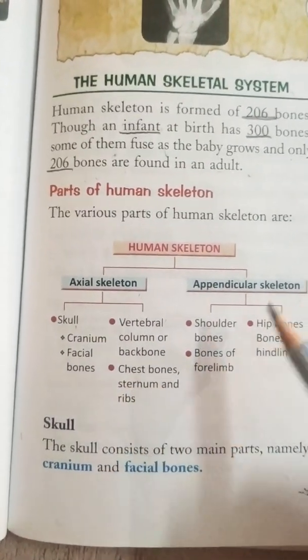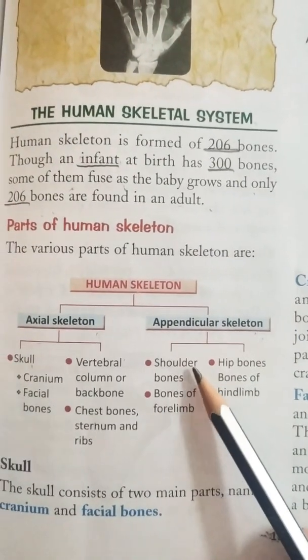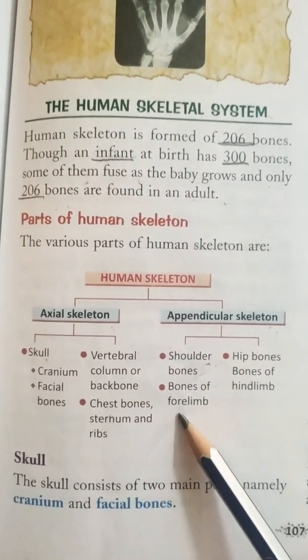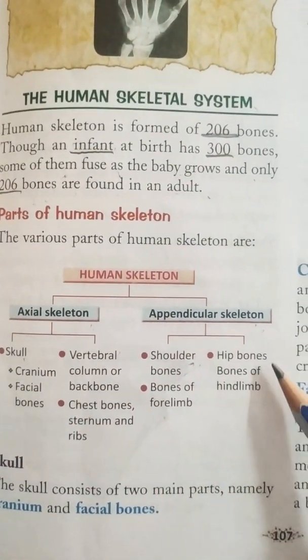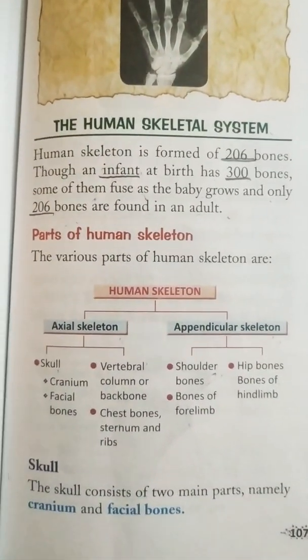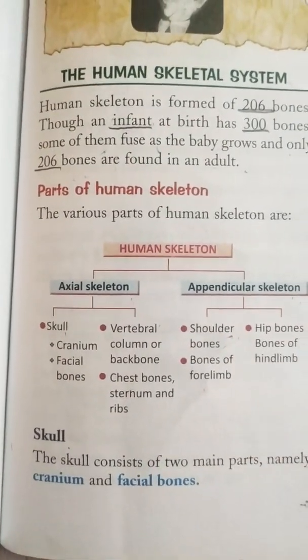The appendicular skeleton has the shoulder bones, bones of the forelimbs, hip bones and bones of the limbs. Now we will discuss them turn by turn, starting with the skull.